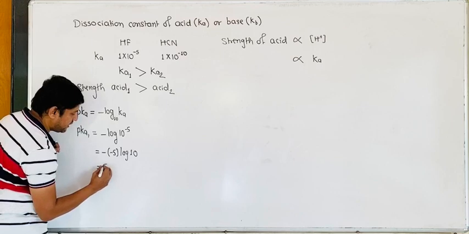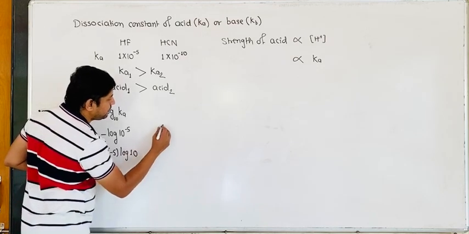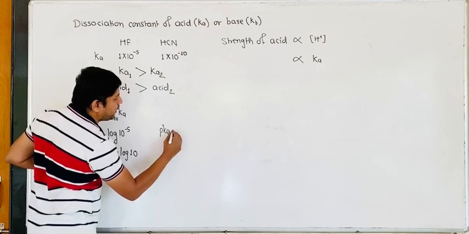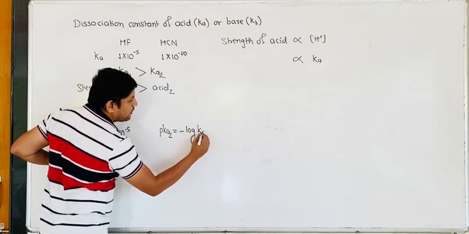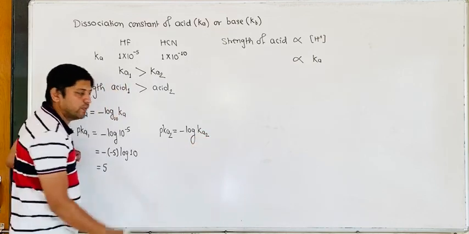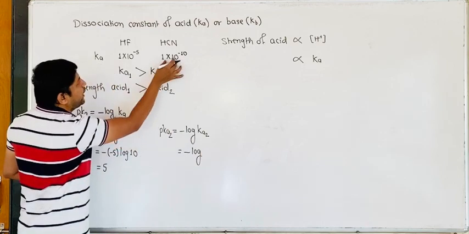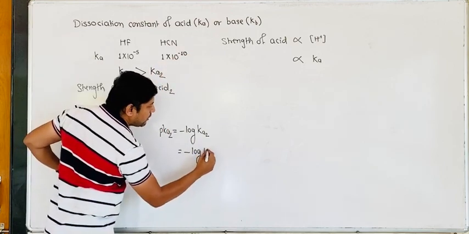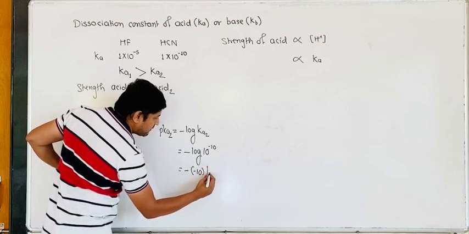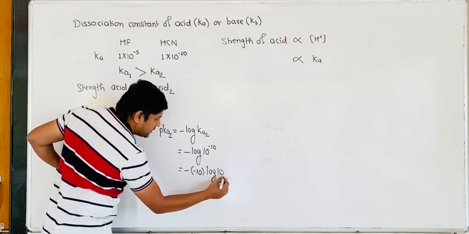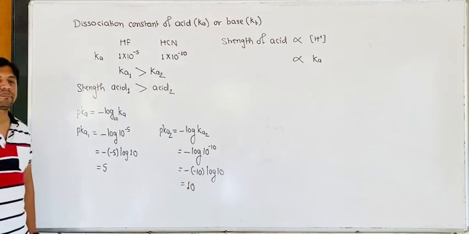Log 10 is 1, so pK1 value is 5. pK2 is minus log of K2 value, which is minus log of 10 raised to minus 10, which is minus 10 into log 10, which is 1, minus times minus, it's 10.